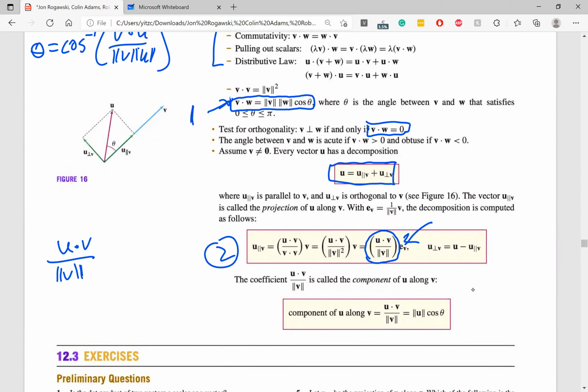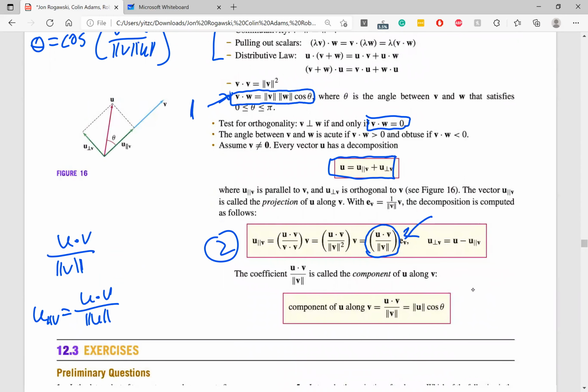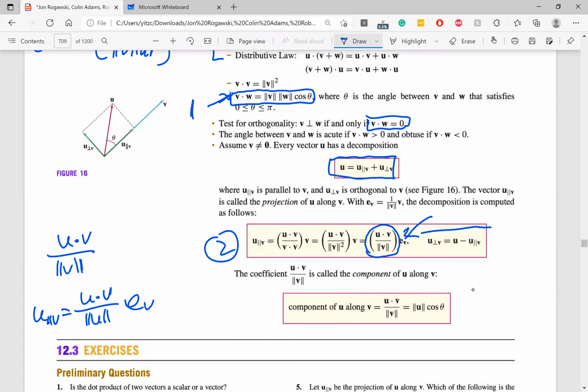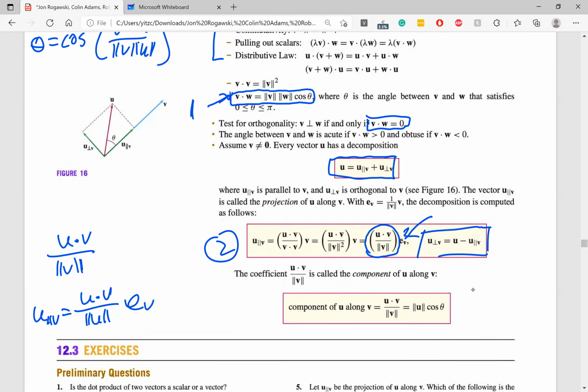But specifically, I would recommend remembering the projection of U onto V is U dotted V over the magnitude of V times the unit vector. And then in order to find the orthogonal component, you take U and you subtract the projection of U onto V, and that's how you find the orthogonal component. So that's the dot product part of this.